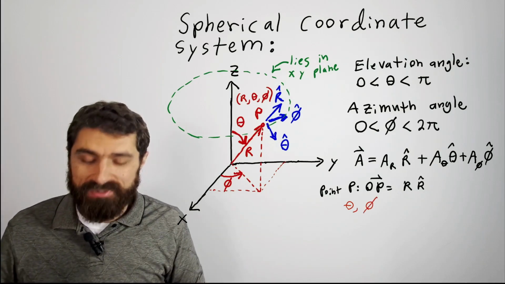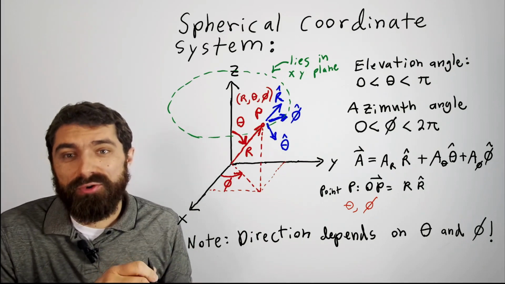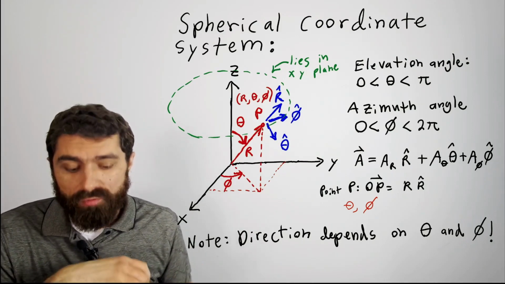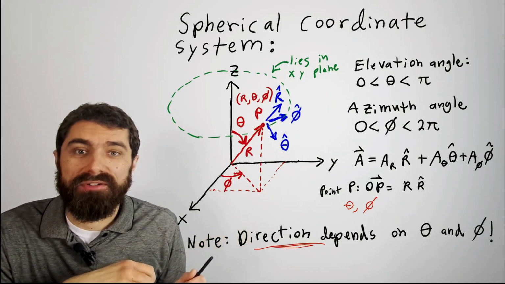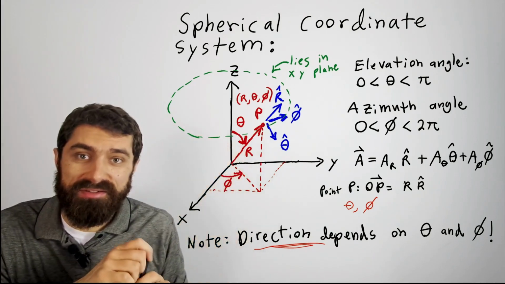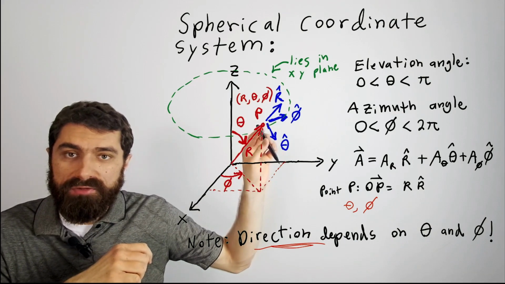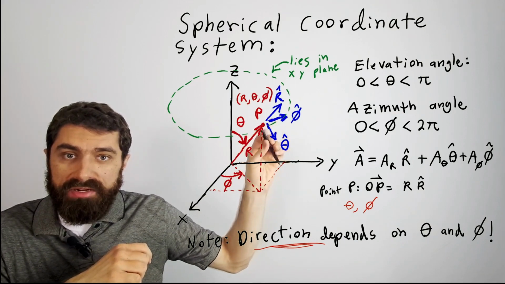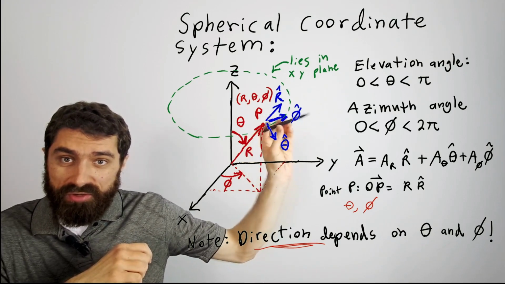So that's important. Another thing I want to mention is, just like the cylindrical coordinate system, the direction of a vector A will depend on the location in space.